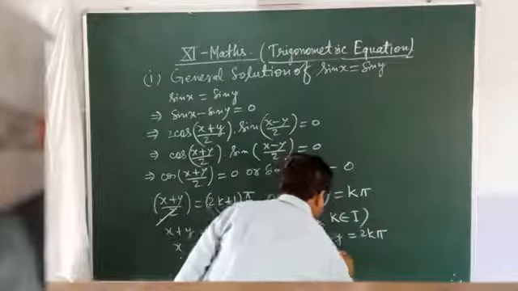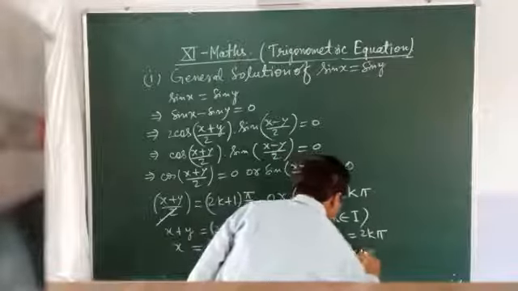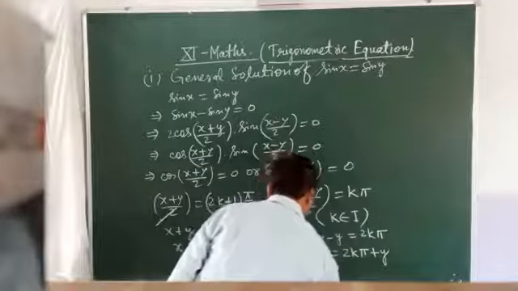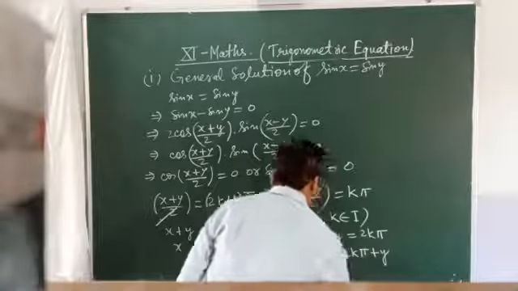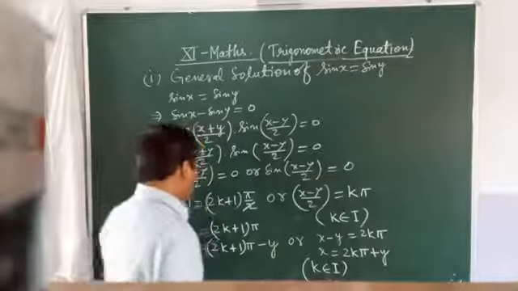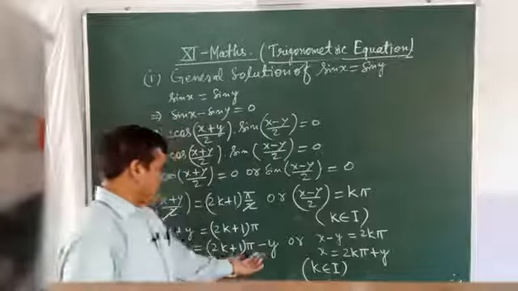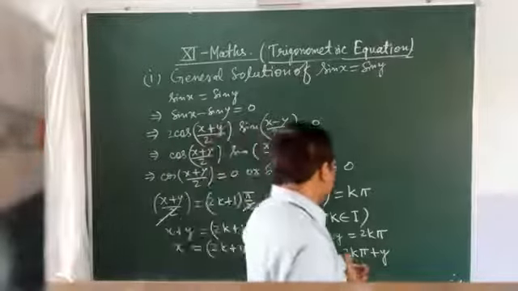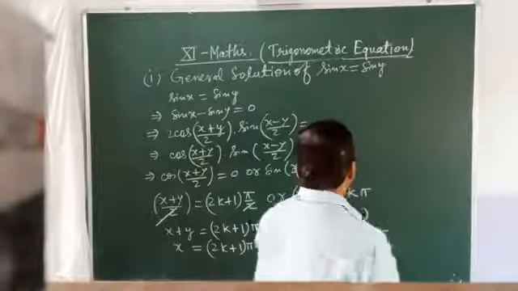Therefore x is equal to 2kπ plus y. K belongs to integer in both the cases. We have two equations: x equals (2k+1)π minus y, and second x equals 2kπ plus y.